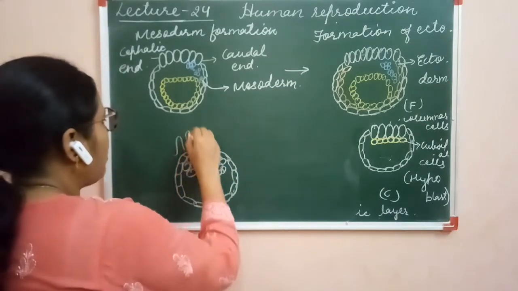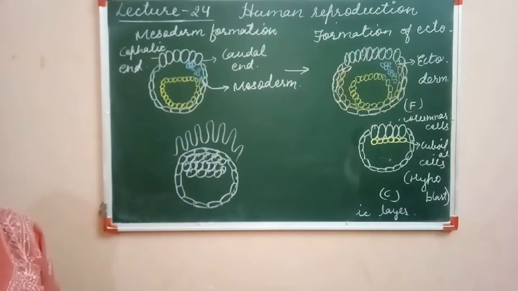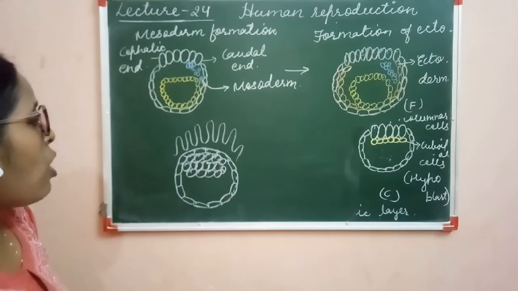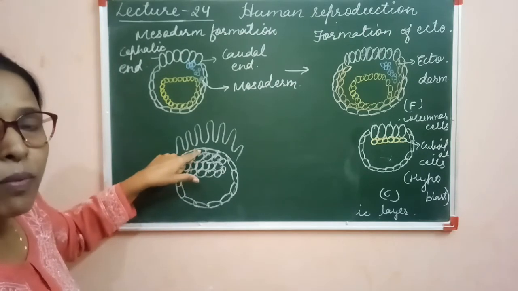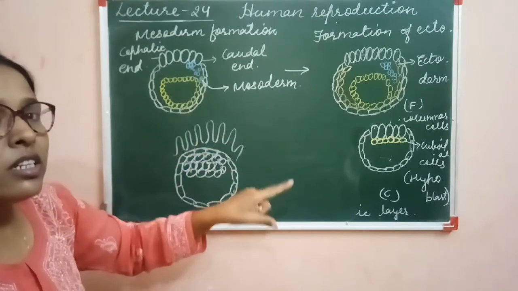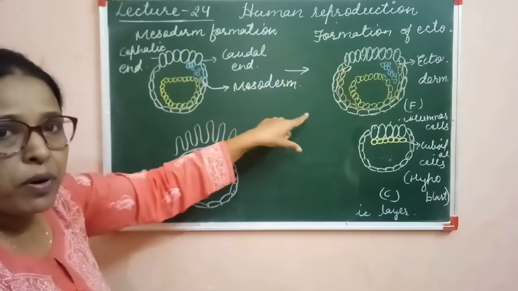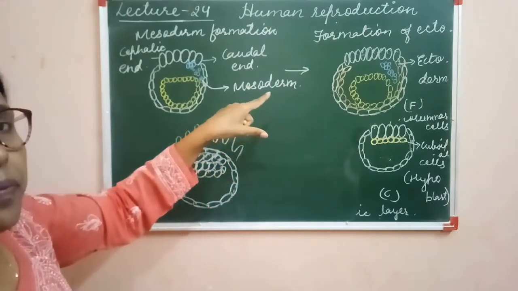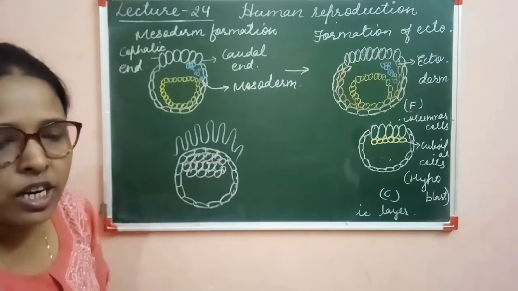Here the chorionic villi are formed. So this is the structure of our implanted blastula. The cells of the embryonal axis which are in contact with the trophoblast are called Rauber's cells. We have studied that in the first step of gastrulation, the Rauber's cells start degenerating.